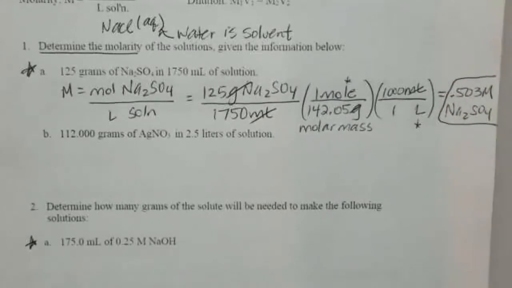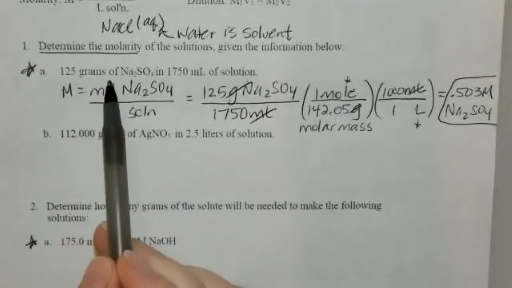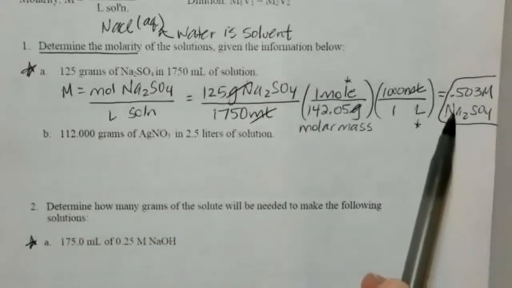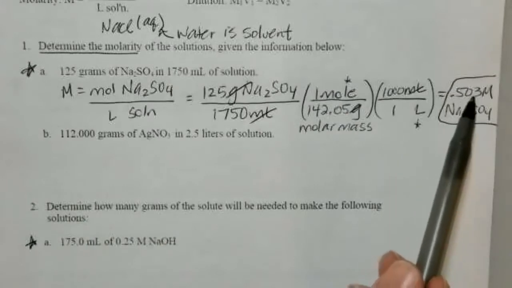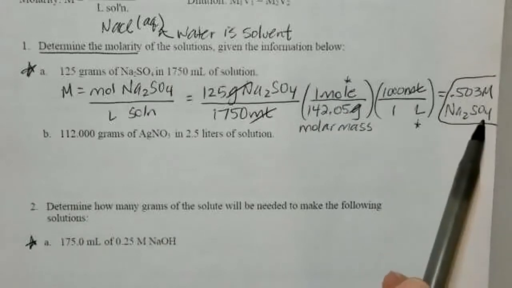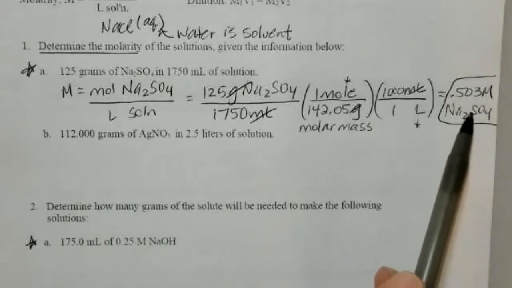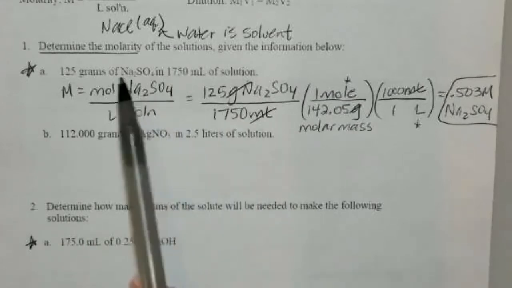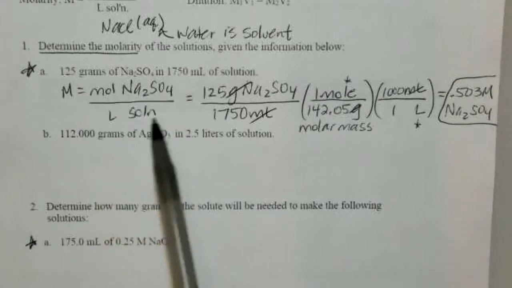So what we did is we said, okay, if I have 125 grams in 1750 milliliters, what our calculations tell us is that means we had 0.503 moles of sodium sulfate per liter. All right, so that would be a concentration term that we could use for stoichiometry, which is going to come up in just a little bit. All right, so when you're finding molarity, you really have to think about the formula.